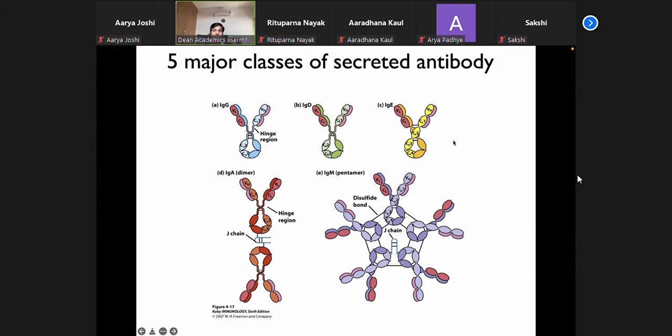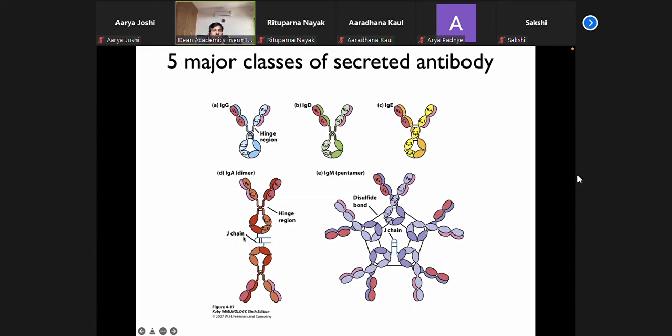Okay, so as far as function is concerned, in allergic responses, IgA usually exists in dimer, and IgM exists as pentameric version of this antibody. And how these things are brought about is, for IgA dimer, you have something that we call J chain.